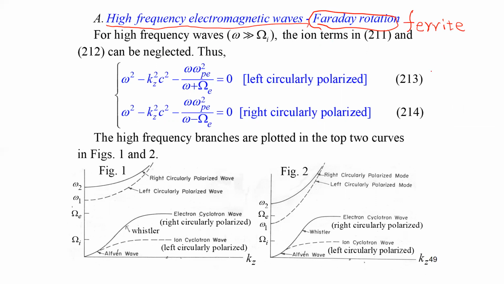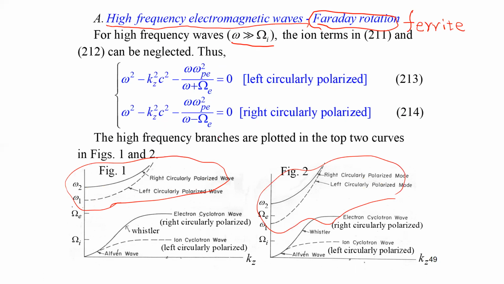For a high frequency wave, the ion terms can be neglected. For high frequency, omega is much, much higher than omega I. So in principle, let's focus on these two.